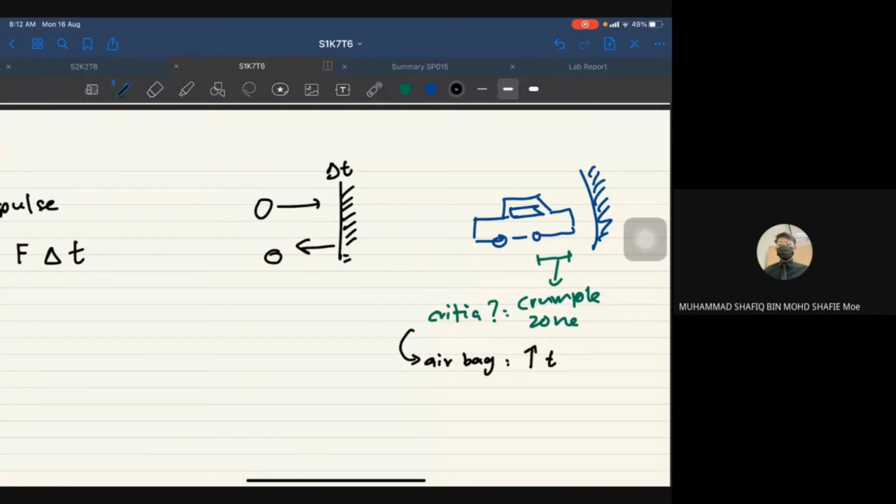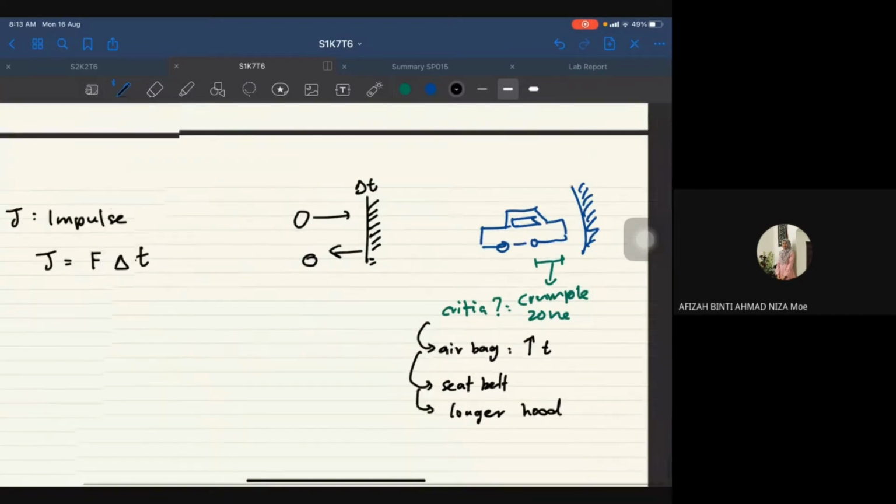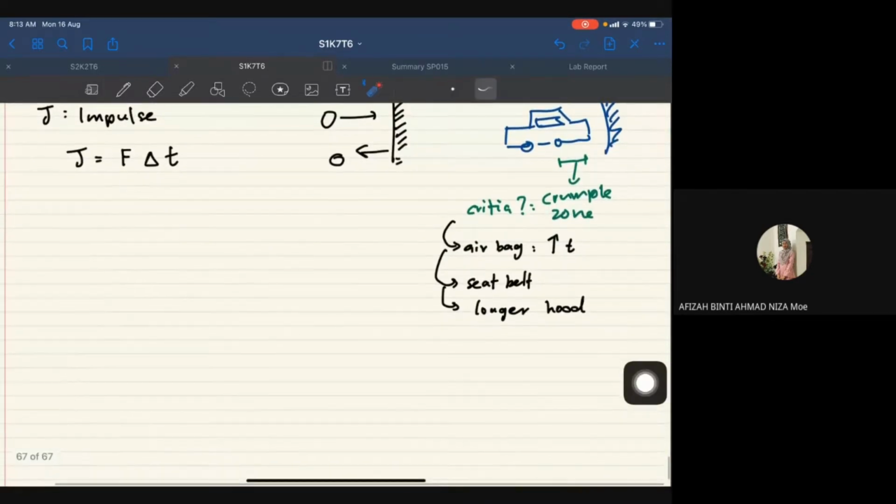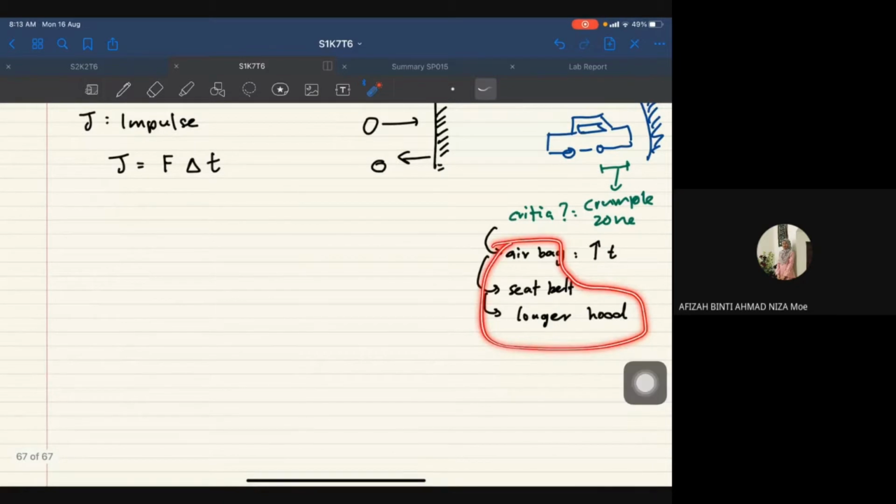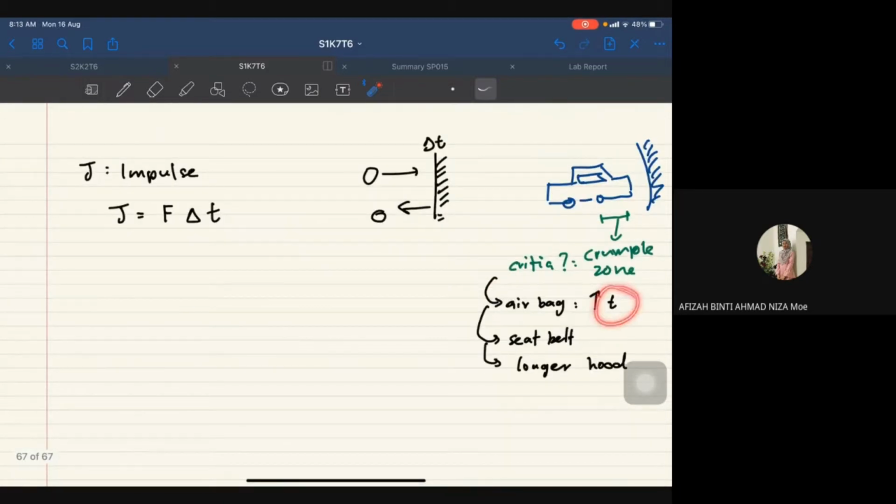Besides that, what else is there? Seat belt, okay. Who wanted to say something just now? Fadilah. Lengthen the bumper. Lengthen what? The front bumper. Okay, so a longer hood. All of this, the main objective it is applied is to increase the time of interaction, the delta t actually.